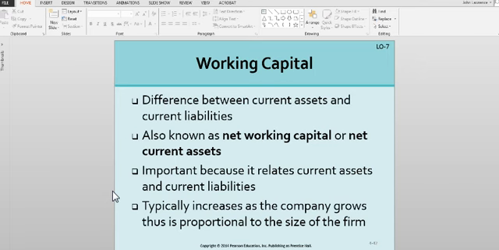Is there a way that we can generate more current assets? Of course, one way to generate more current assets would be to sell more stock. But other ways may be to figure out ways to trim down your organization, and we'll get into that in the second half of this course.